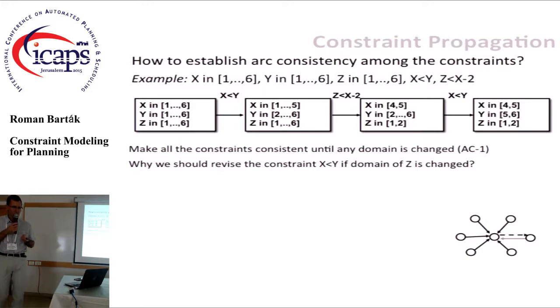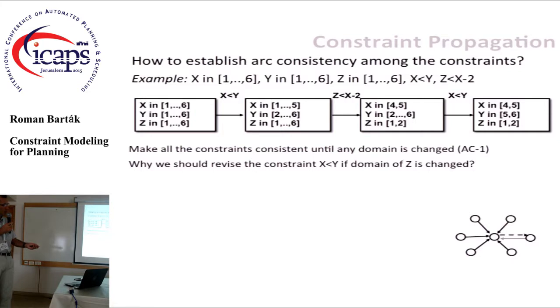by the observation that if I change the domain of variable z, I don't need to re-verify consistency of the constraint x is smaller than y, because no domain of x and y has been changed. So it's not necessary to verify this consistency. So basically, if we change the domain of some variable, then all constraints that are using this variable should be verified, meaning we should propagate this new domain of this variable to the variables connected by that constraint.